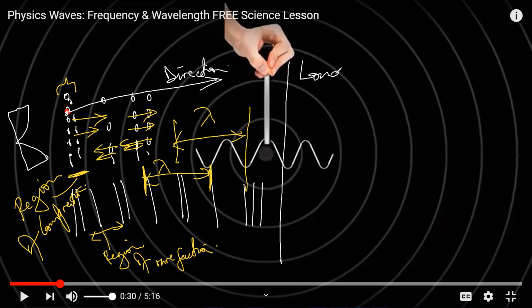So longitudinal waves. How do we define them?